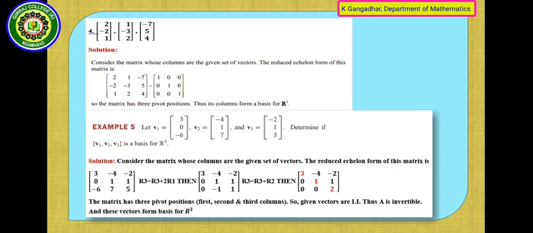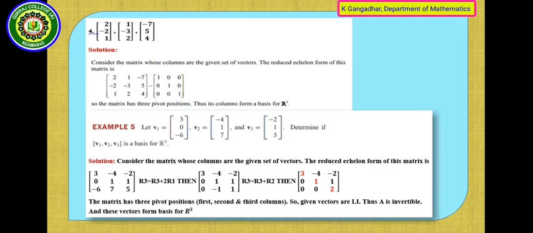Then we get the matrix 3 -4 -2, 0 1 1, last row 0 0 2. Here the diagonal values are 3 1 2. These values are pivot positions, and the columns of these pivot positions are called pivot columns. So the first, second and third columns are pivot columns.